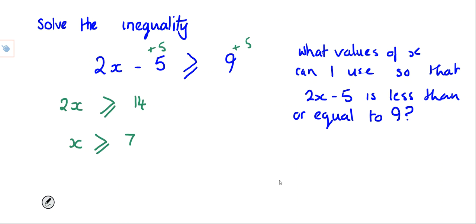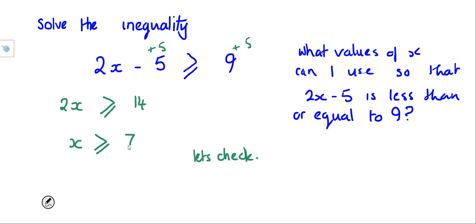But what I would say is, let's check. So what does that symbol mean? Does it mean less than or equal or more than or equal? It means both, depending on which way you read it. So if I were to read this, I would be saying x is greater than or equal to 7.